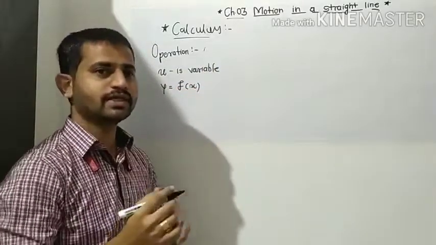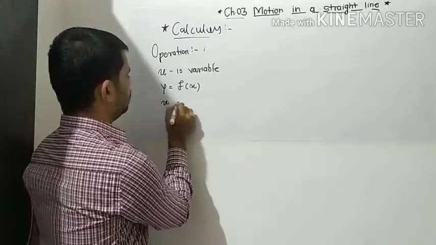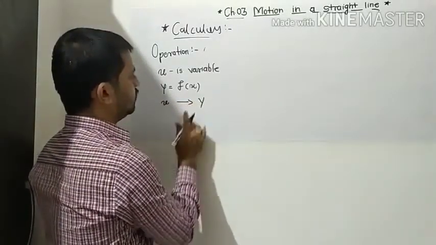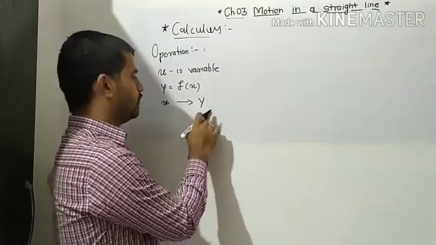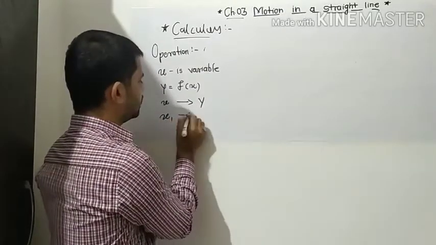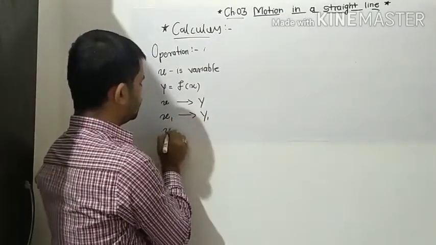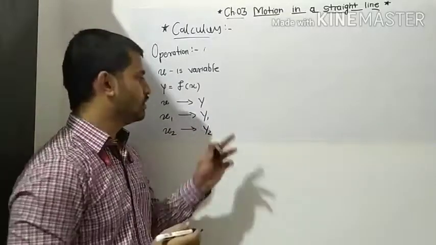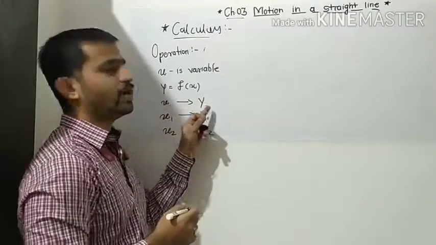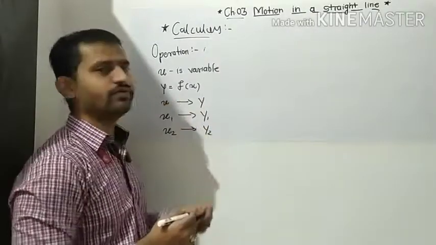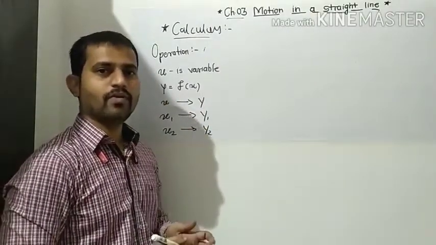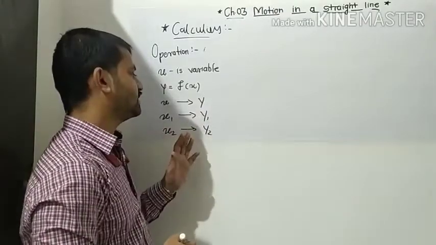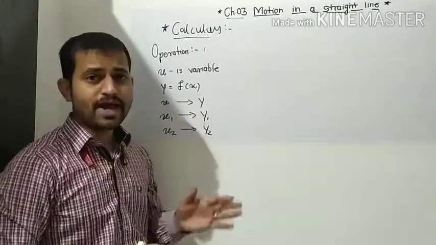Then we can say that when x is equal to x1, it is y1. When x is equal to x2, here it is y2. Because y is the function of x, as x changes, y also changes.